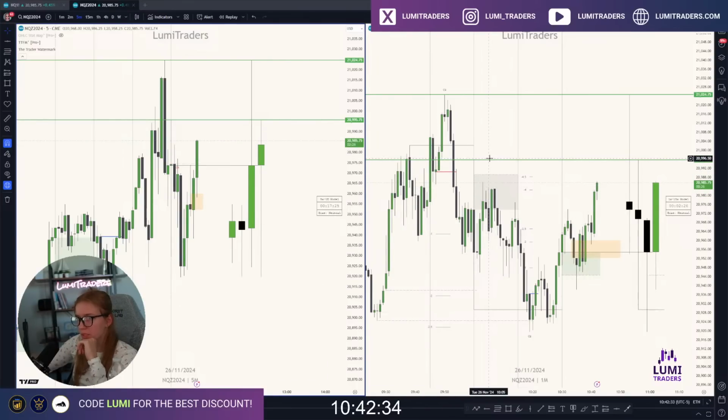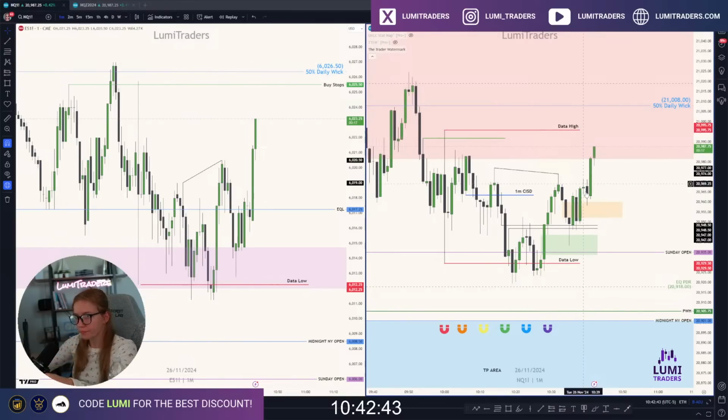By the way, keep in mind this liquidity level right here, that's the data low, data high, not data low, data high right here. Since we already ran this data low, maybe it may try to take the opposite liquidity level.